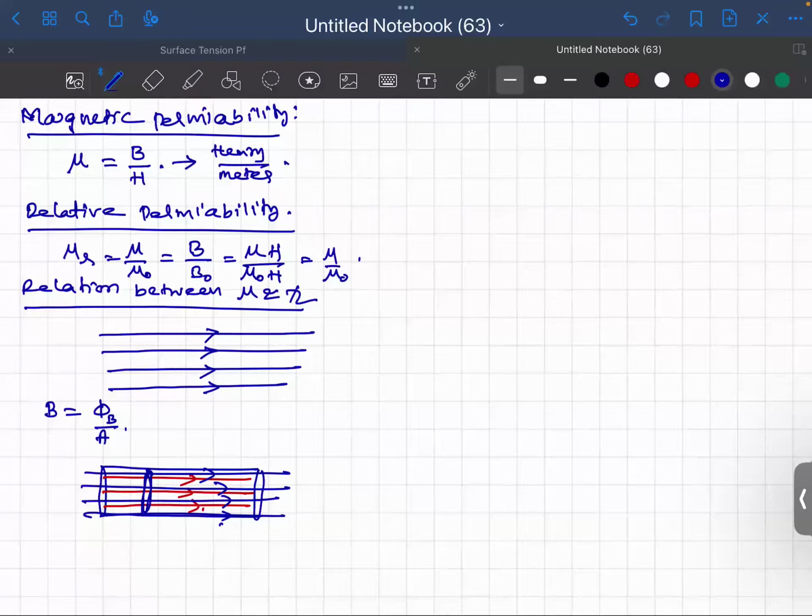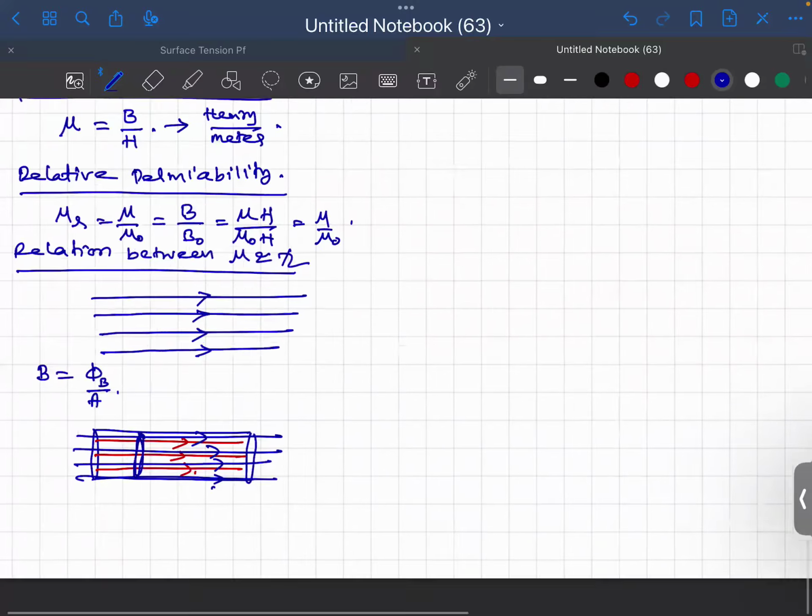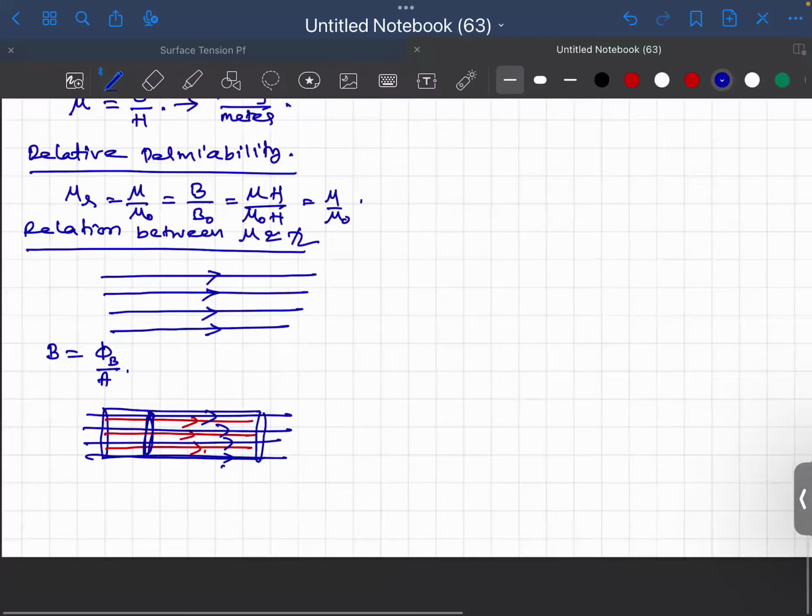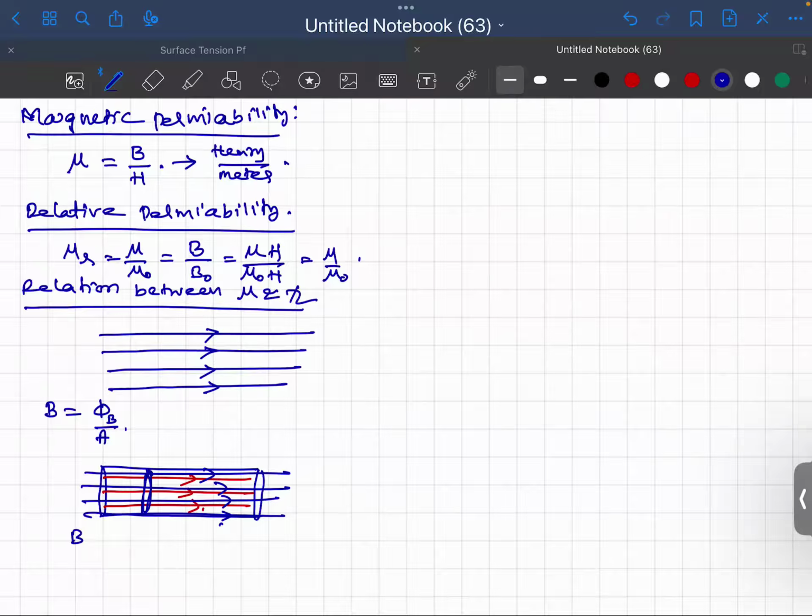Blue color corresponds to the magnetizing field. Red color is due to magnetization of the material. If you say H alone, you won't get any picture. So now tell me, what is B inside? B inside is due to two reasons: due to the air part, and due to the magnetization part.